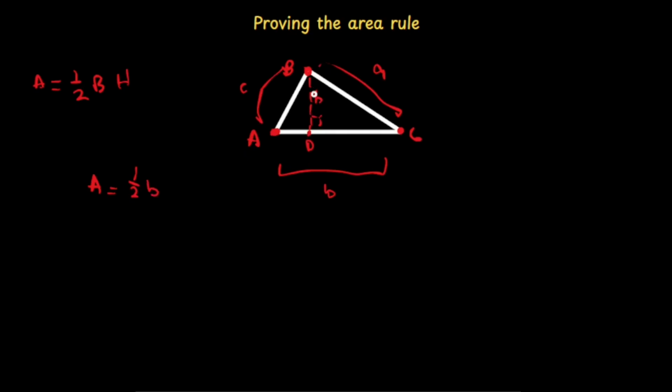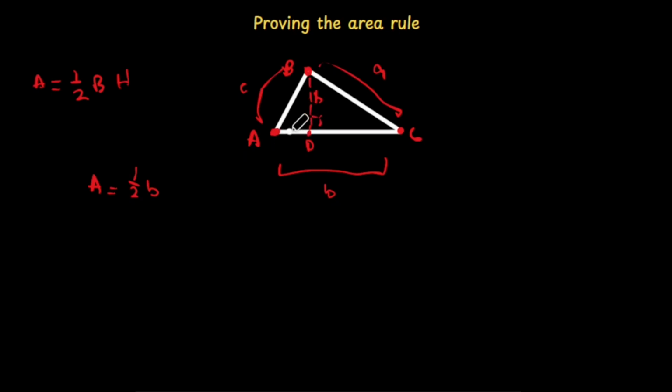Now let's look at the height. The height in this case is an imaginary line that we had constructed. So we're going to have to find it in some way so that we can use it in this formula. Let's look at triangle ABD. That is this triangle over here.